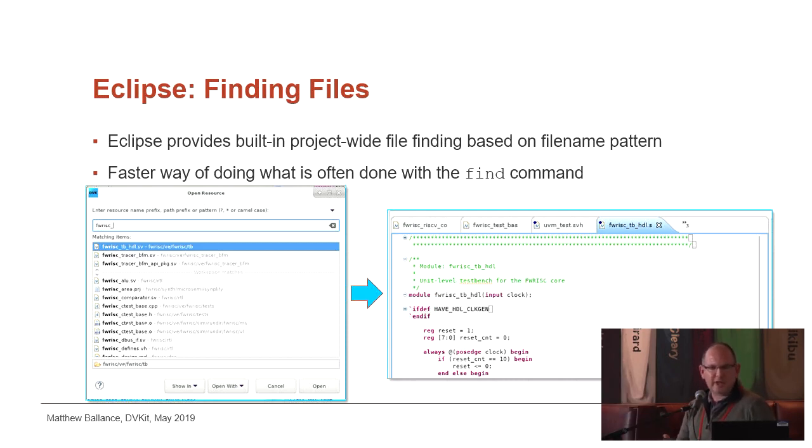This is the type of thing I would generally go to the shell and do a find and look around and find the files. Eclipse, for all files in the project, has this browser you can open up and just say, here's the pattern I want to find, and it lists all the files that match that pattern. You can just browse through and open the one that you want. So this can actually save a lot of time in terms of context switching, having to go over to the shell, find the file you want, etc.